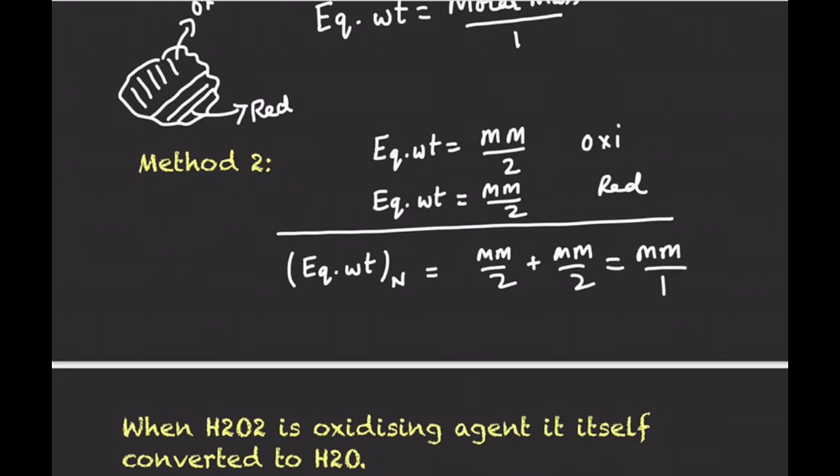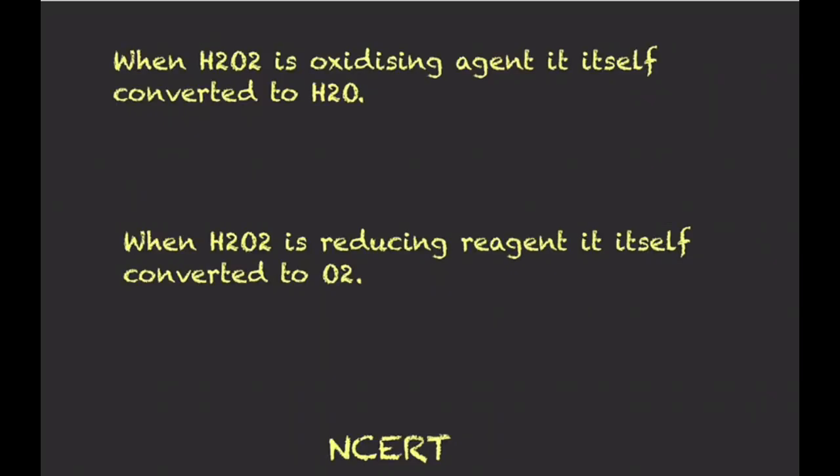So whether we calculate the equivalent weight by the first method or the second method, we are getting the same answer. When H2O2 is undergoing oxidation or reduction, it is because H2O2 is a very good oxidizing agent as well as reducing agent. So when H2O2 is an oxidizing agent, it is converted to H2O, and here one molecule of H2O2 when converted to H2O will accept 2 electrons.